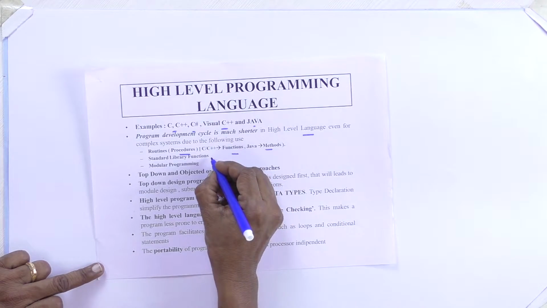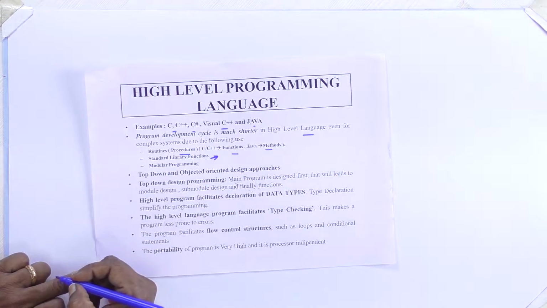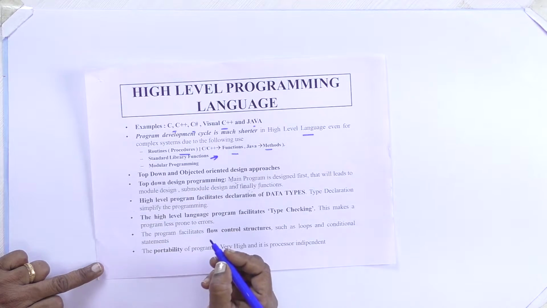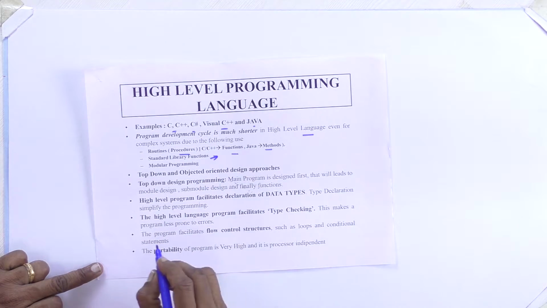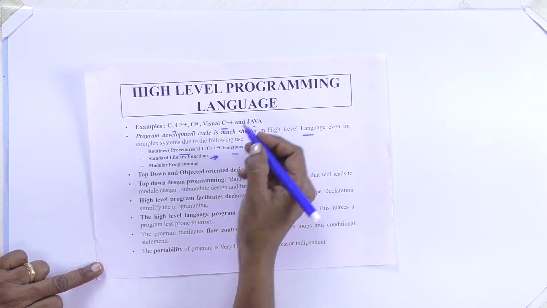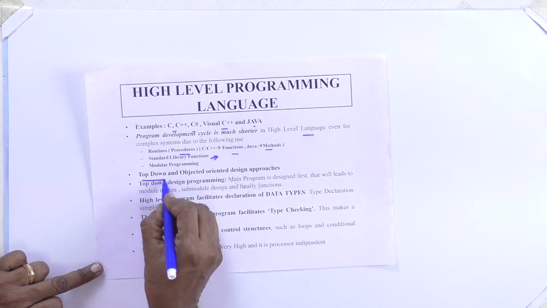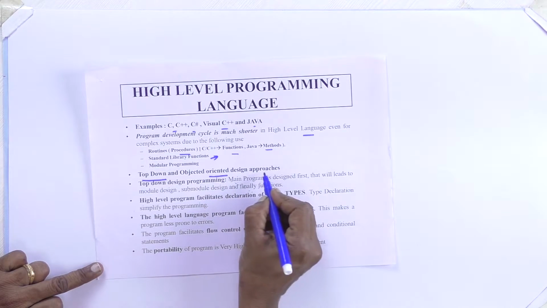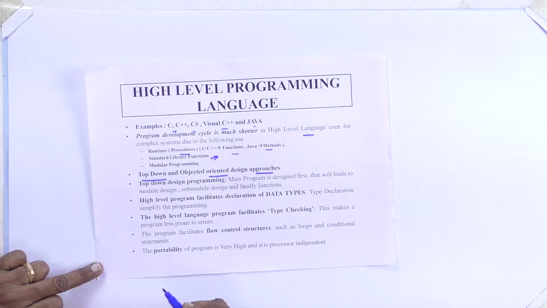It should include standard library functions and modular programming. As the low-level language follows a bottom-up approach, high-level programming follows top-down, object-oriented design approaches.